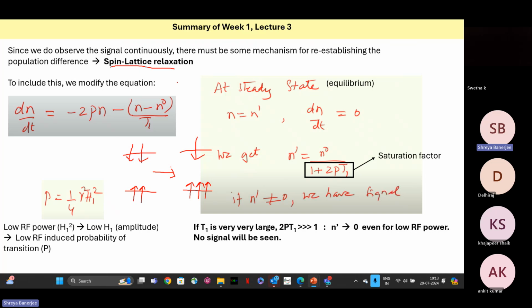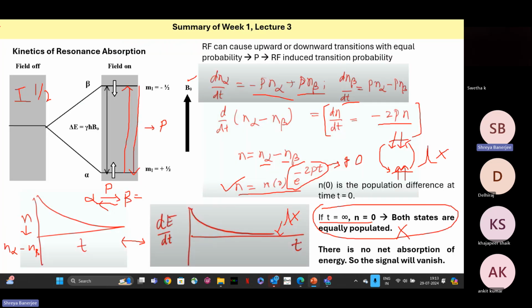So because of the presence of the lattice, there is a mechanism for re-establishing the population difference. So this situation does not happen, and you always have a population difference, which is why the NMR signal does not decay with time. In order to include the effect of spin lattice relaxation, an additional term is included in the equation we derived in the previous slide.